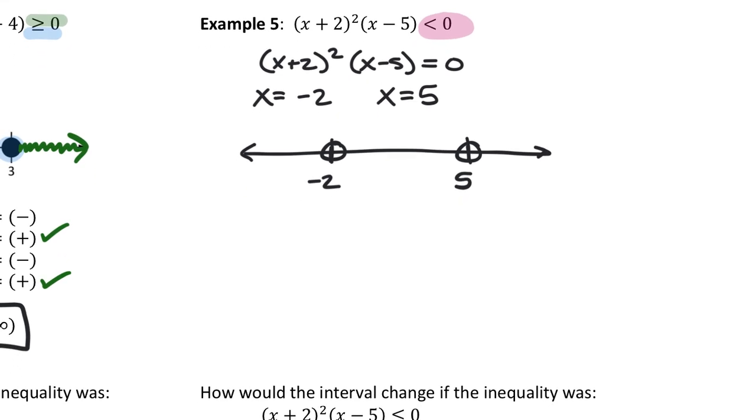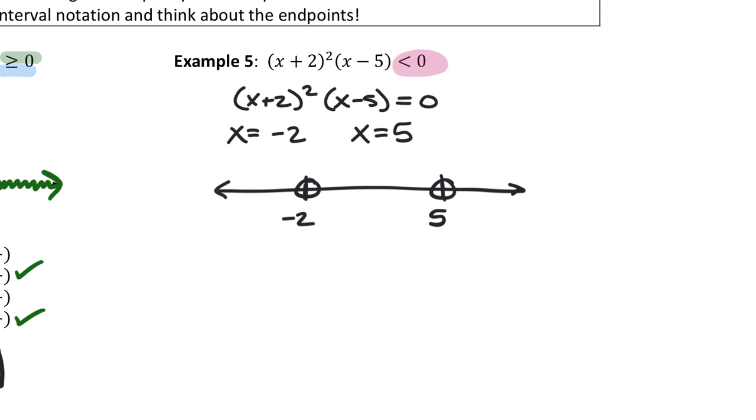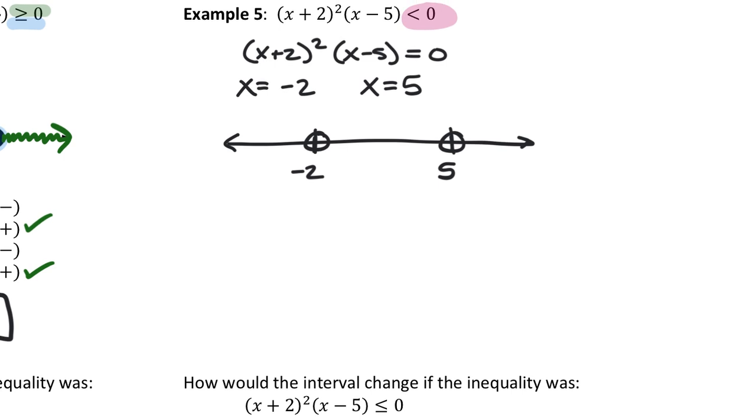Okay, what is a number in this interval right here? Sure, negative 3 would work, but let's make it aggressively negative, like way more negative than that. I like negative 10. Negative 10's easy to plug in because 10s are easy to work with. So if I plug negative 10 into this factor, what is negative 10 plus 2? Negative 8.